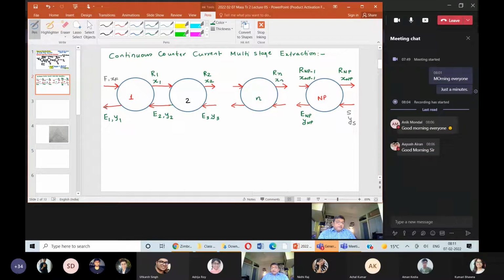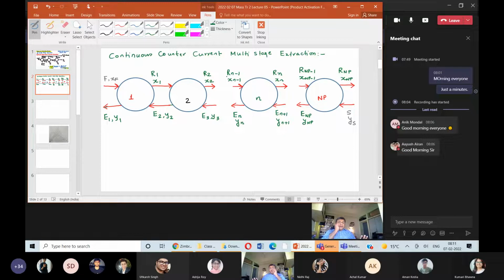This is the raffinate coming out from the nth stage. This is the extract coming out from the nth stage. And this receives extract from the n plus first stage, and it receives raffinate from the n minus first stage.